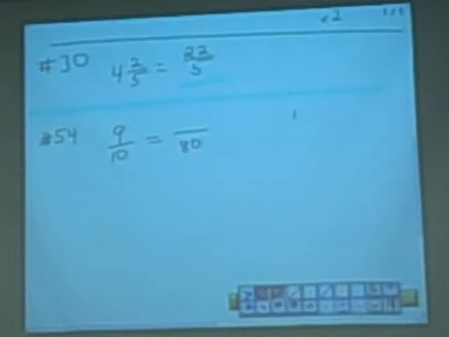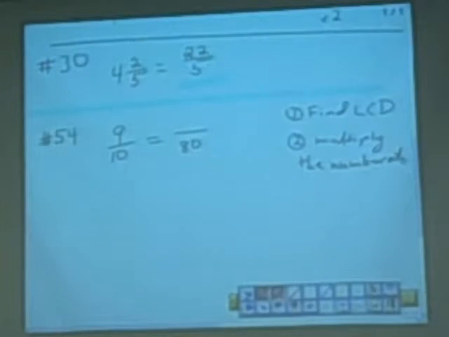First step, find the least common denominator, and I'll write that as LCD. Then whatever number you need to multiply the denominator by, you multiply the numerator by the same number to get the numerator of the second fraction.